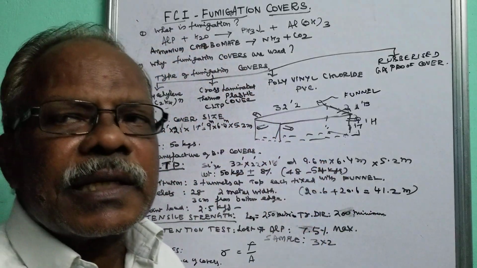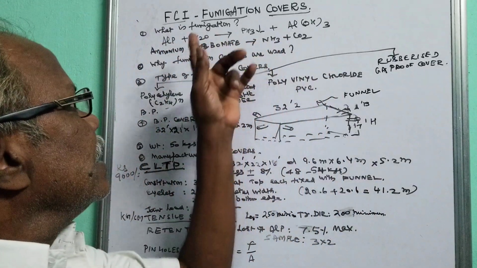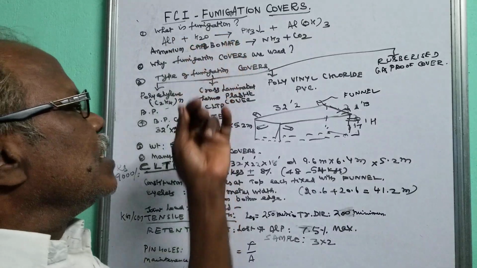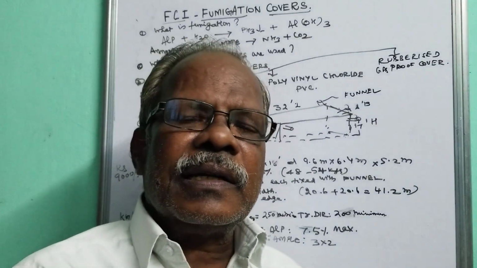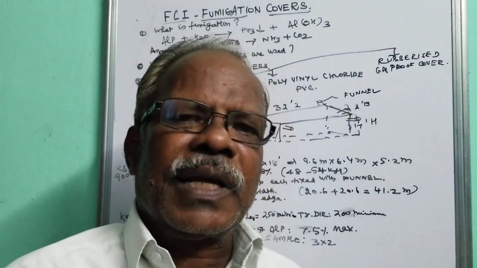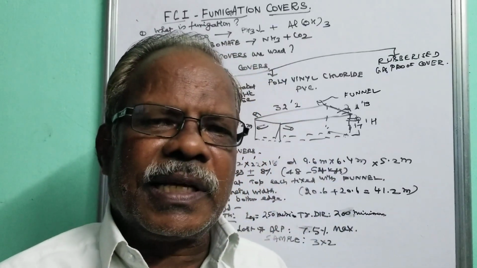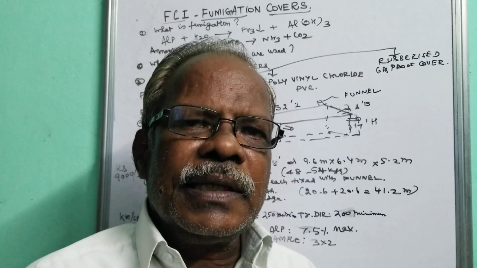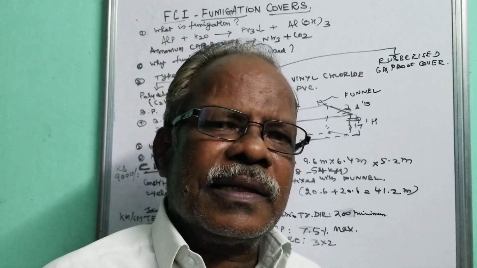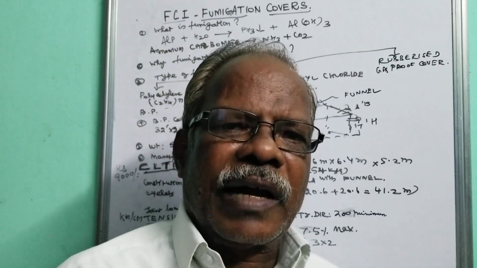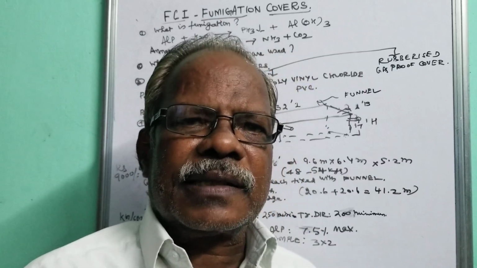The insects are killed by the reaction ALP plus H2O, the water being taken from the atmosphere. So when we place the aluminum phosphide tablet over the stack, it absorbs moisture from the humidity available inside the stack.